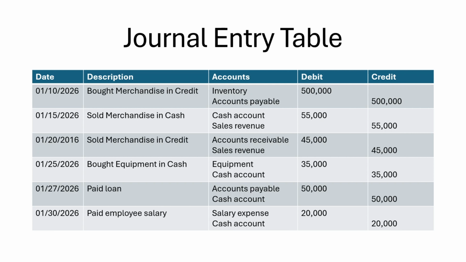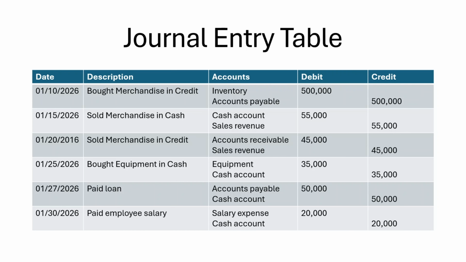Having identified, let us put that in the journal entry table and see how it appears. That's how it appears. We will have all those transactions just copied down. You can see on the dates where each of the transactions appeared. Then we have the description column briefly describing what the transaction is about.